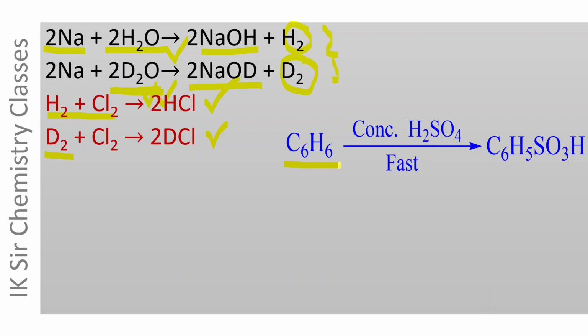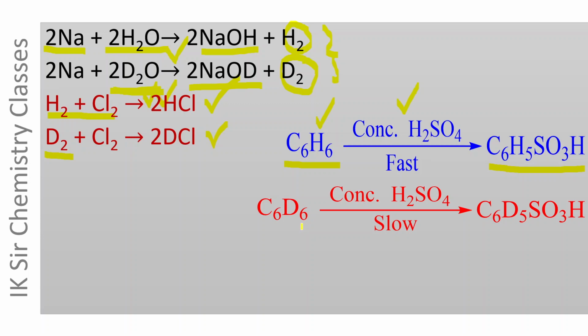C6H6 benzene reacts with conc. H2SO4 at a fast rate forming benzene sulfonic acid. But if the protium atoms of benzene are replaced by deuterium, we get deuterated benzene, C6D6.